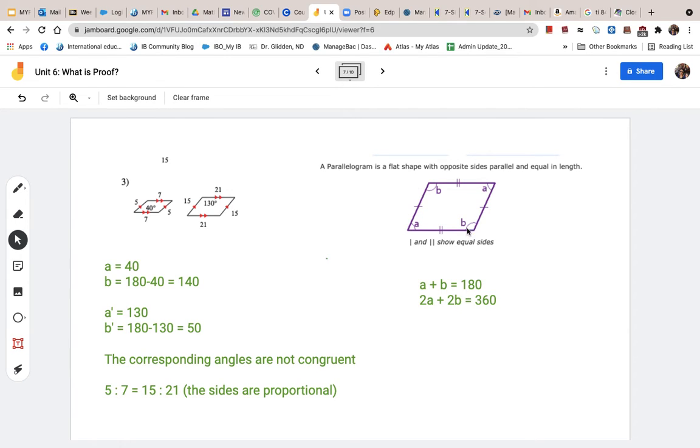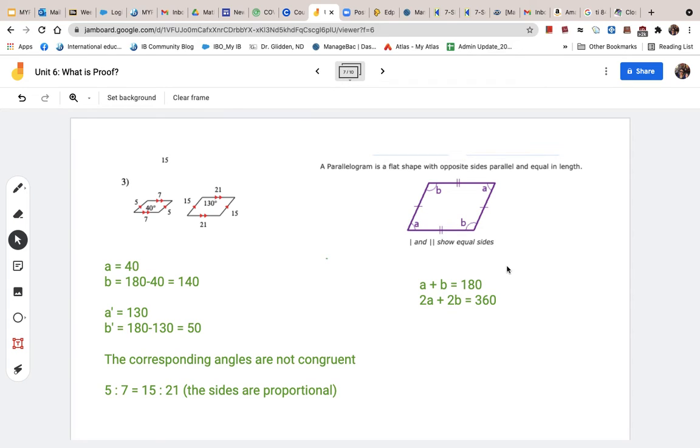You can see that the congruent symbols here show you that these two sides have the same length, and they are parallel to one another. And then these two sides are parallel and equal in length. Angle A is equal to angle A, angle B is equal to angle B. We'll find another time to prove why angle A plus angle B is 180.